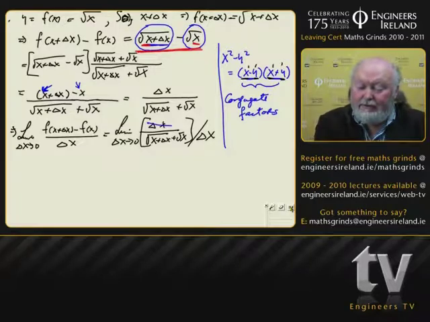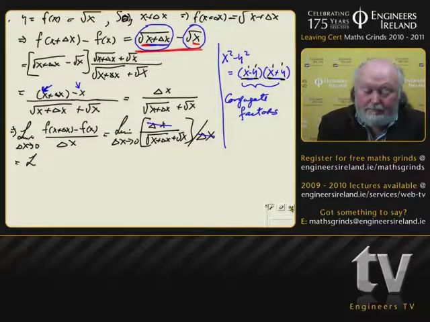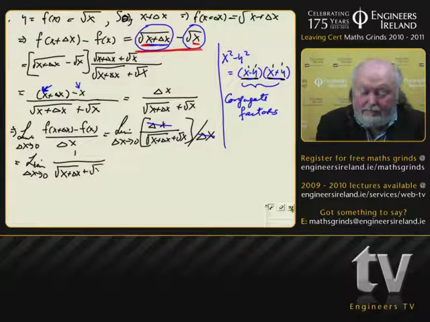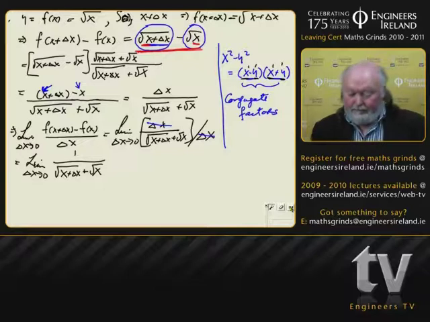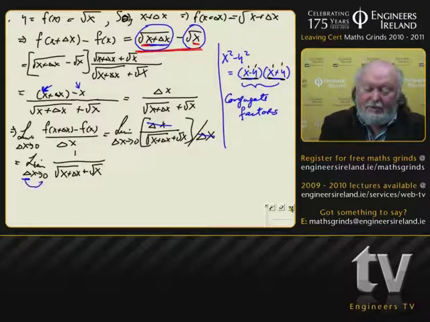And the nice thing is that kills that. So we will write out the next line now. It's the limit as delta x goes to 0 of 1 all over, as delta x approaches 0.